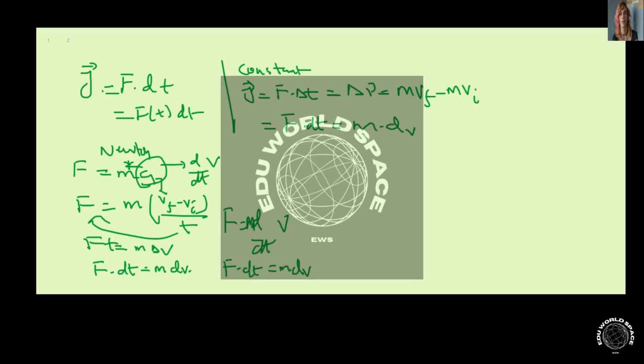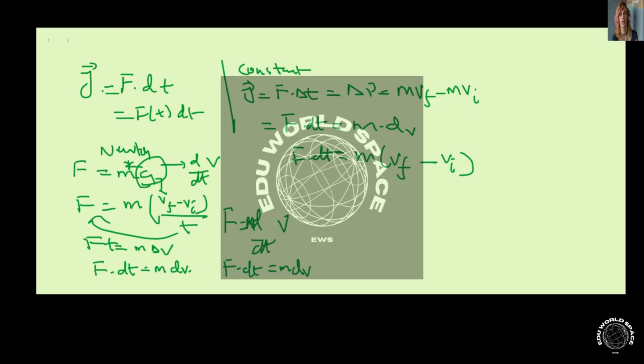And so we do know that we could do integrals on this. We could say this is m, v final minus v initial, equals the integral of F dt. Our goal is to get the final momentum in this problem.